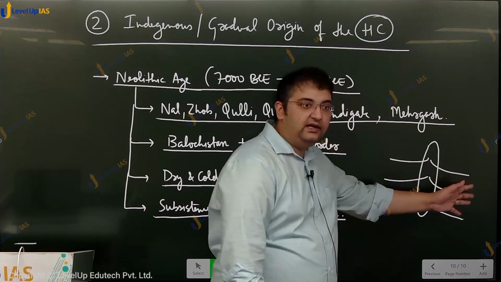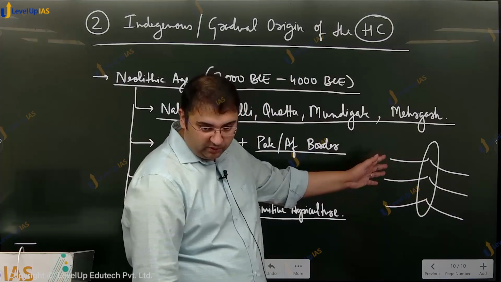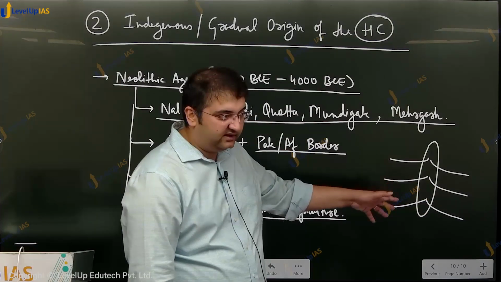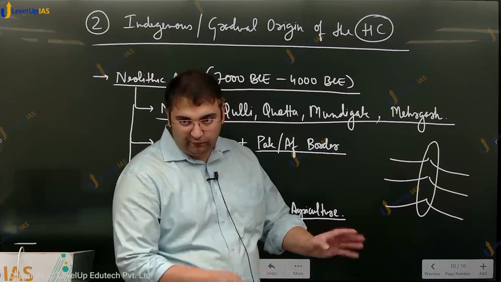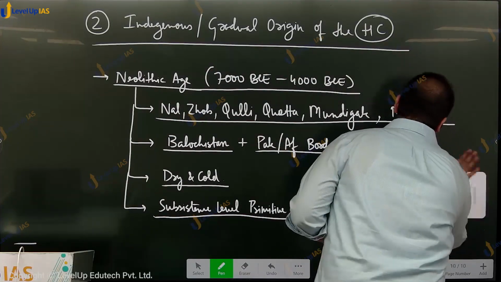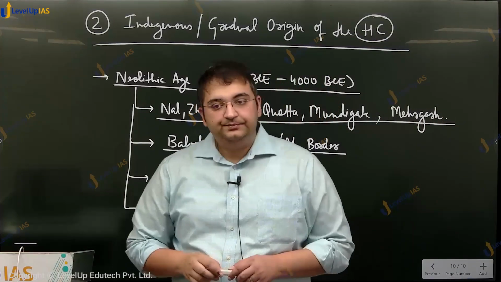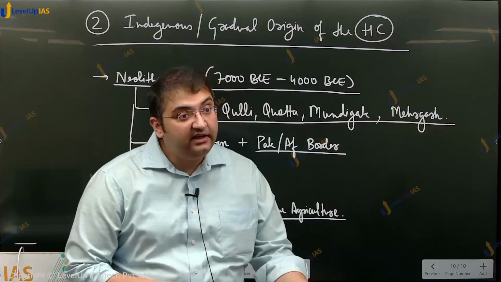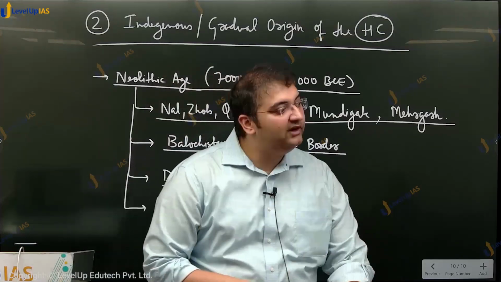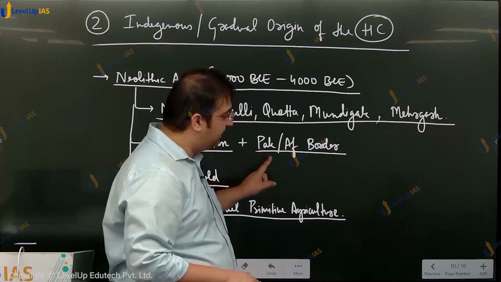And during the winter season, they would have migrated back towards the Balochi highlands, Suleiman Kirthar ranges और उसके जो foothills हैं वहां पे चले जाएंगे वापस, right? And during these migrations, what did they discover? That for agriculture, there are far more suitable locations than the region of Balochistan, right?